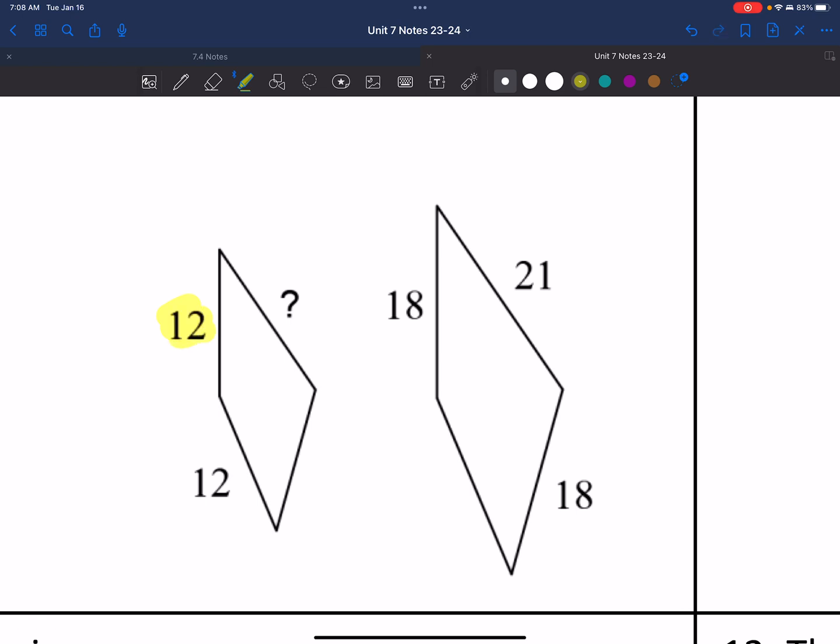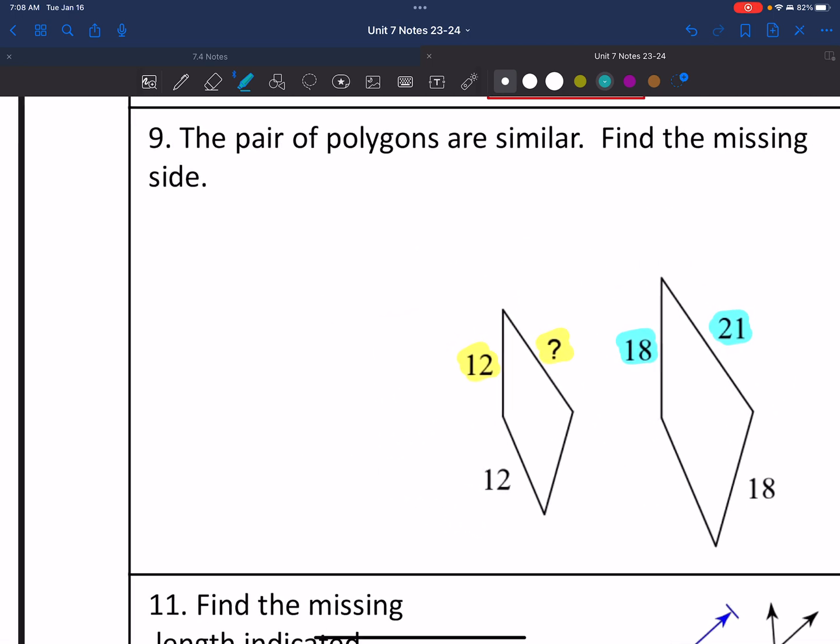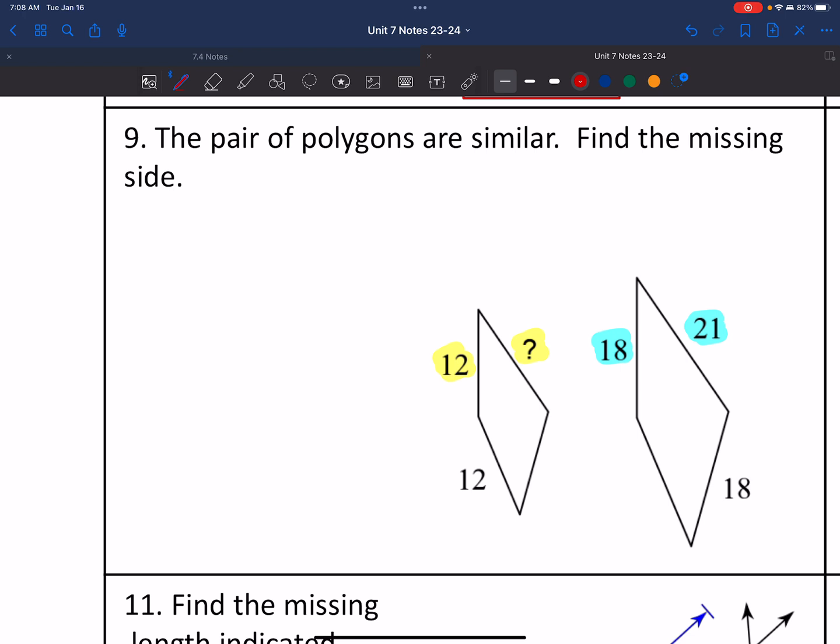So I've got 12 and then the unknown side compared to 18 and 21. Okay, so just the same thing as we did on number 8. I'm going to say 12 over, I don't know what that side is, so I'm going to call it x, and that equals 18 over 21.